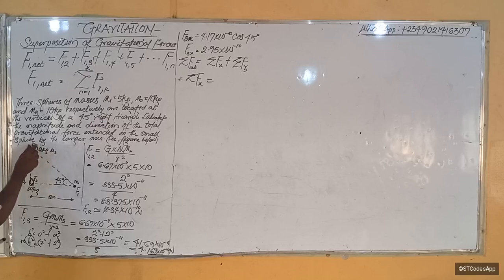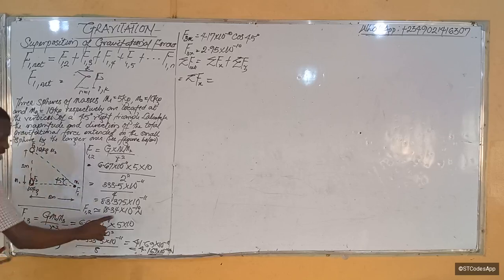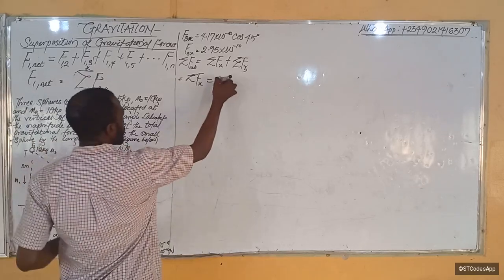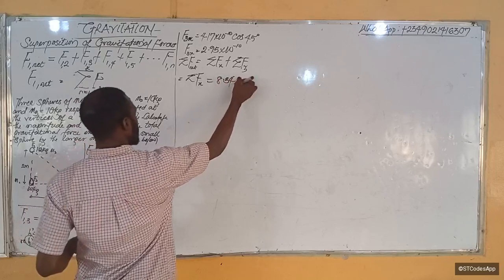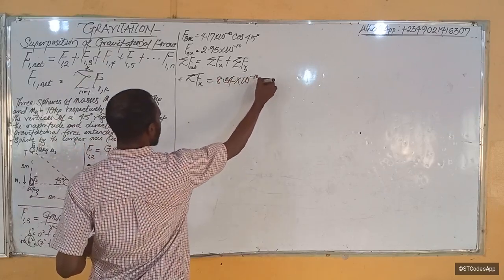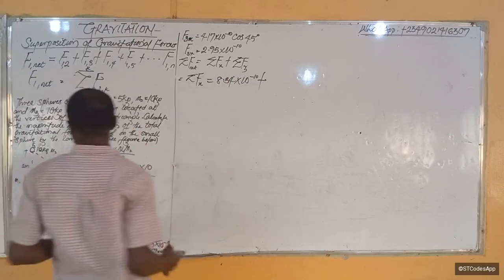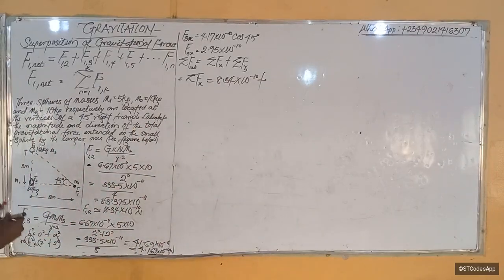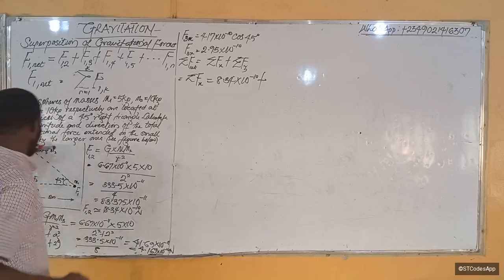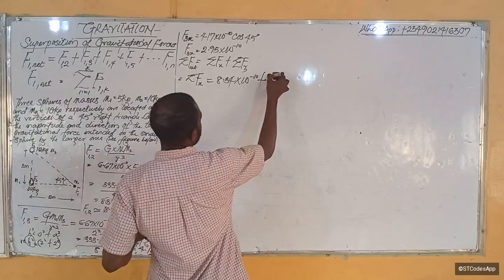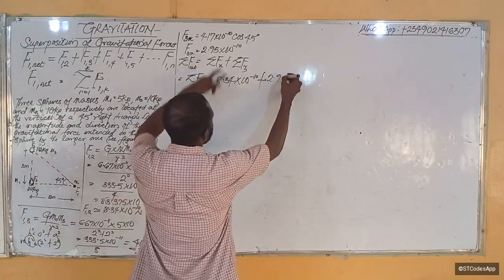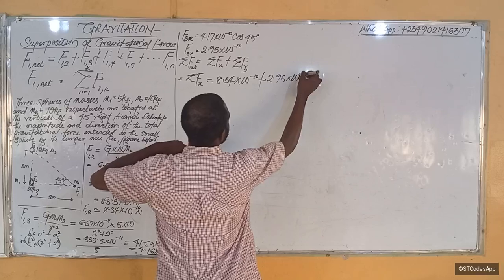We have gotten the force due to this guy and force due to this guy. So this one is x component, right? What's the answer for this one that we got? 8.34 times 10 to the power minus 10 Newton plus, which other one is on x component? This one will take the x component of this guy. So by bringing it down, we got 2.95 times 10 to the power minus 10.